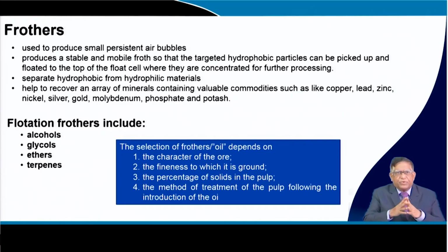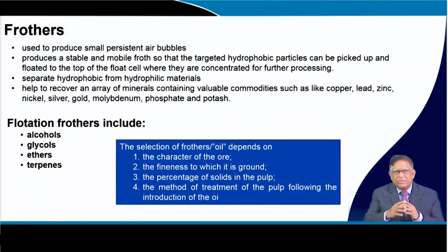The frothers help to recover the area of minerals, because sometimes the same mineral may have different elements, and if each of these elements is to be separated, that can also be controlled properly by mineral processing engineering.